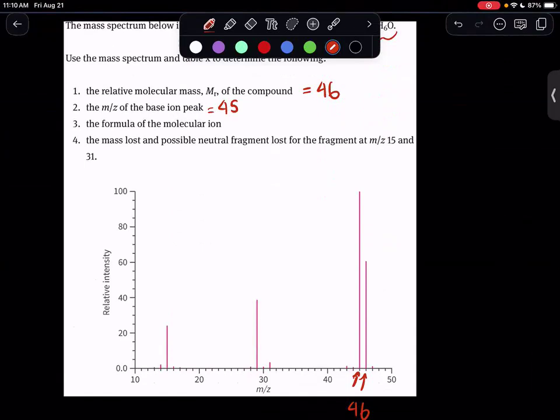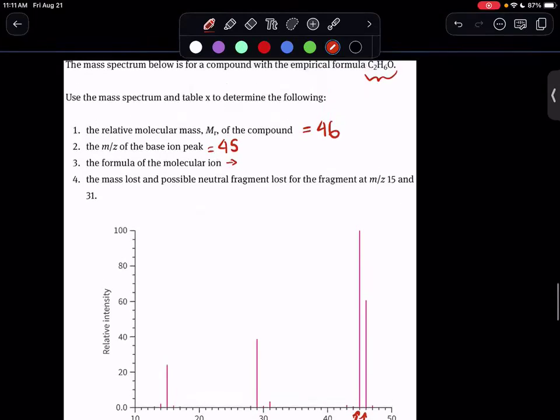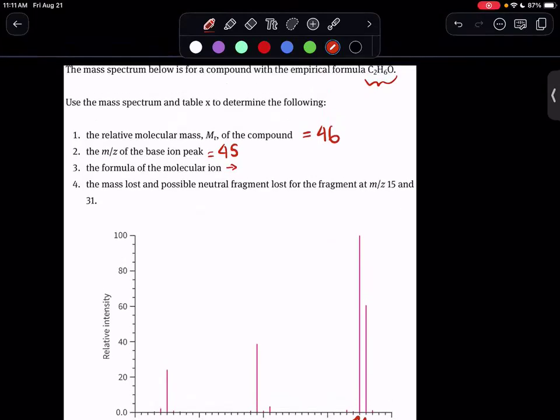Then the formula for the molecular ion. Well, we know the molecular ion is just a positive version of the molecule. And so first we have to look at our molecule. We know the empirical formula is C2H6O. So if I do the math, 12 times 2 plus 1 times 6 plus 16 gives me a mass of 46.